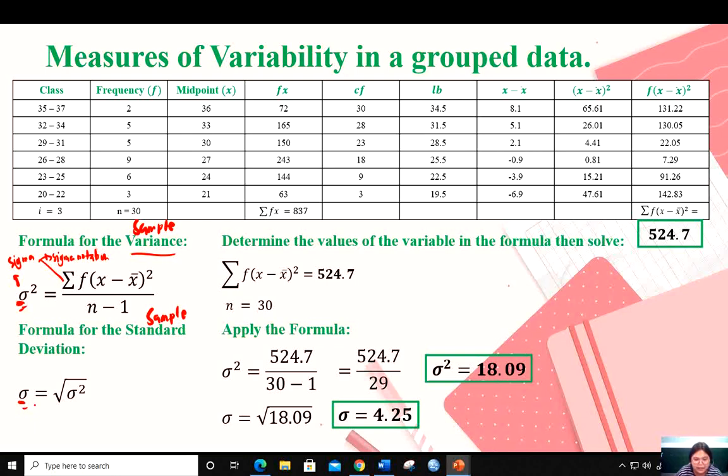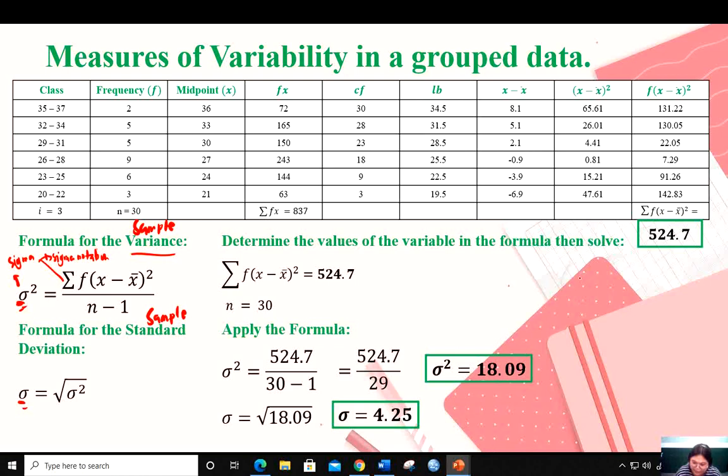Ibig sabihin, yung ibang data natin, nakascatter. Ibig sabihin, malayo sila kay... By the way, ano bang mean natin muna? Ang mean natin is 27.9. Okay? So medyo malayo yung data natin kay mean. Okay? So hindi sila malapit.